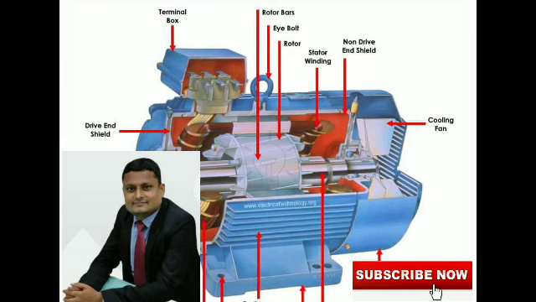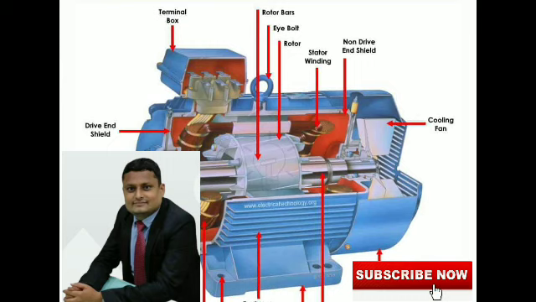The conductor cross section will reduce, and conductor cost and weight will also reduce. So these are the two advantages of a high value of delta S, the current density in the stator.